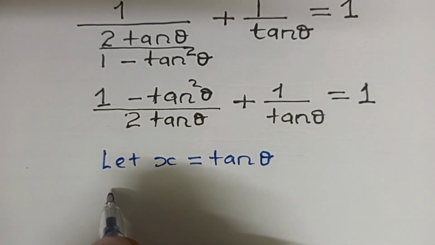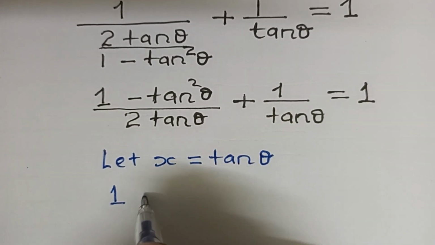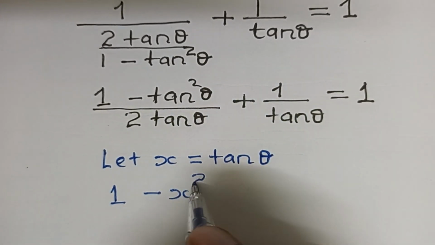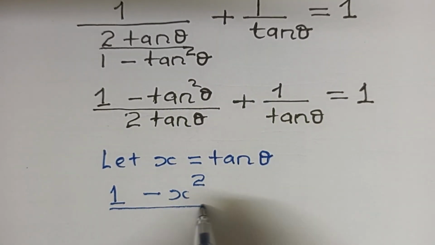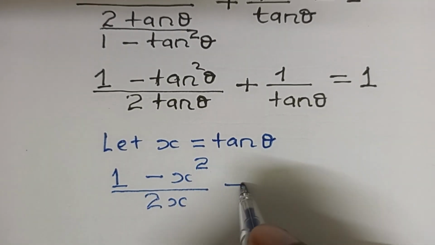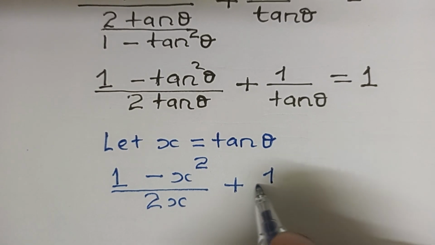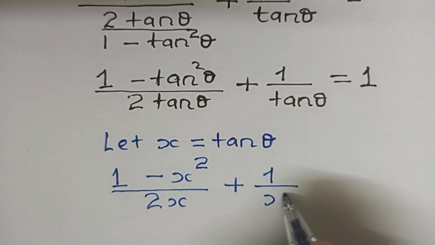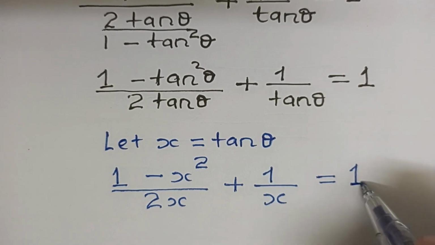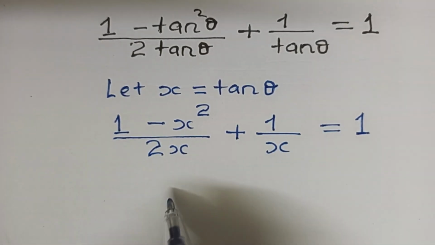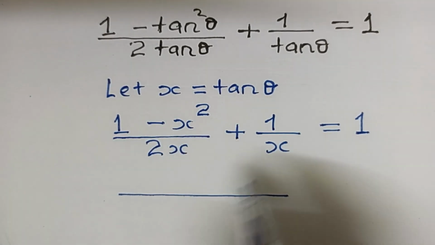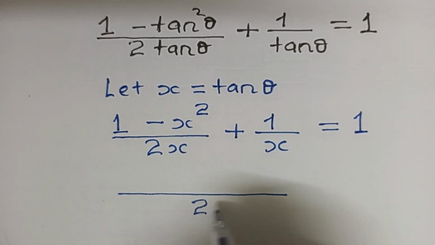And so therefore we shall have 1 minus x squared all over 2x plus 1 all over x. And this one now comes to 1. Guys, we can now evaluate this left part, and here we have 2x.